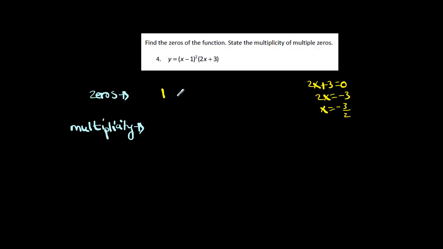So you're going to have negative 3/2. The multiplicity is how many times they show up. Well, the negative 3/2 only shows up once. So that's going to have a multiplicity of 1. This shows up twice because of the exponent here. It's x minus 1 times x minus 1. So this is going to have a multiplicity of 2.